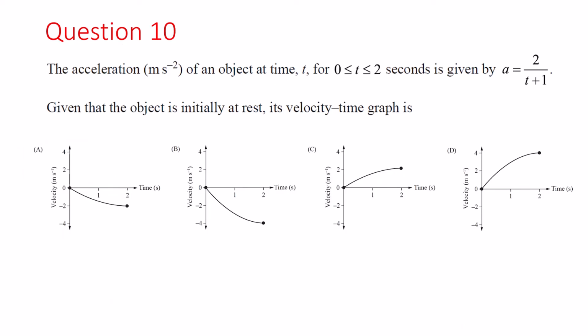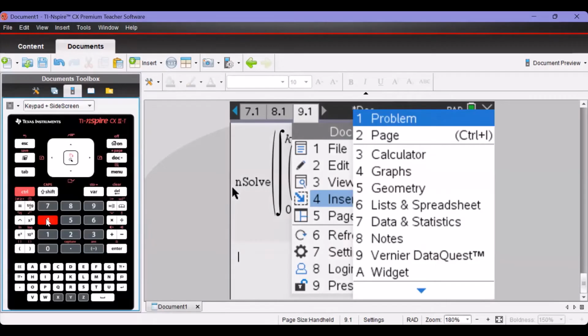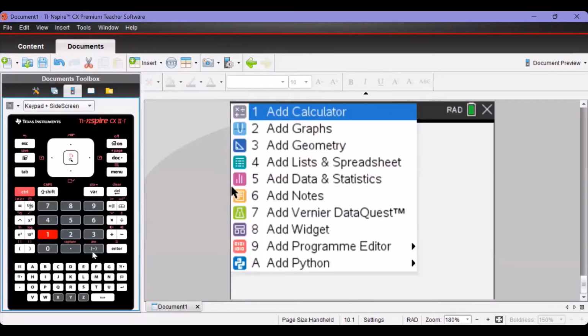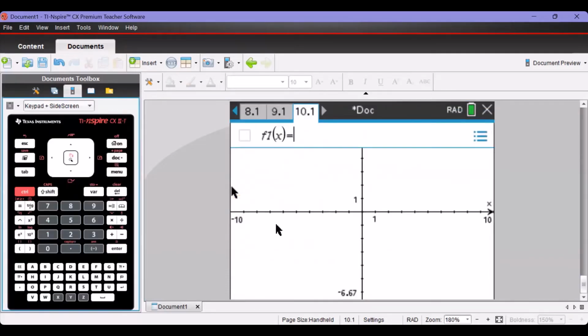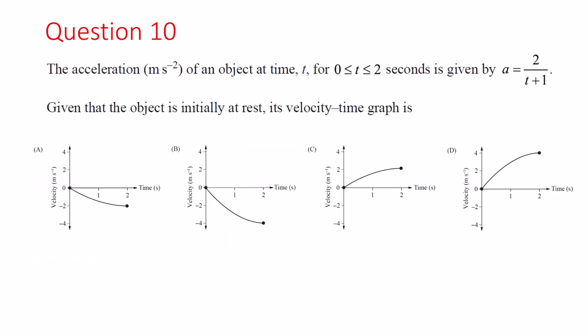Question 10, press Doc, 4 for insert, 1 or enter for new problem. This time we'll add a graph. Now a is 2 on t plus 1, so dv/dt is 2 on t plus 1. Integrate and use the initial condition, and v is equal to 2 times the natural log of t plus 1.